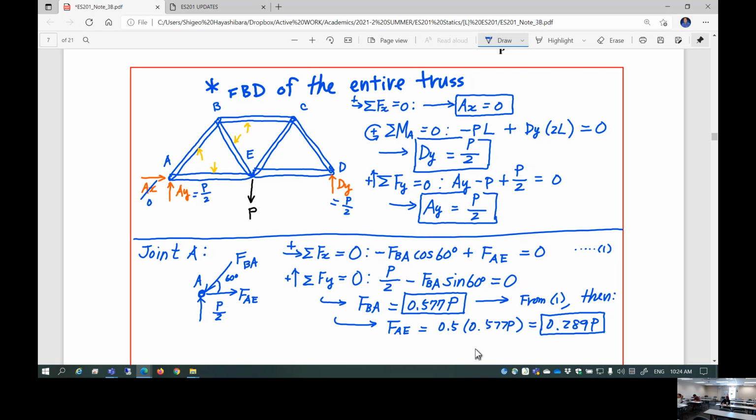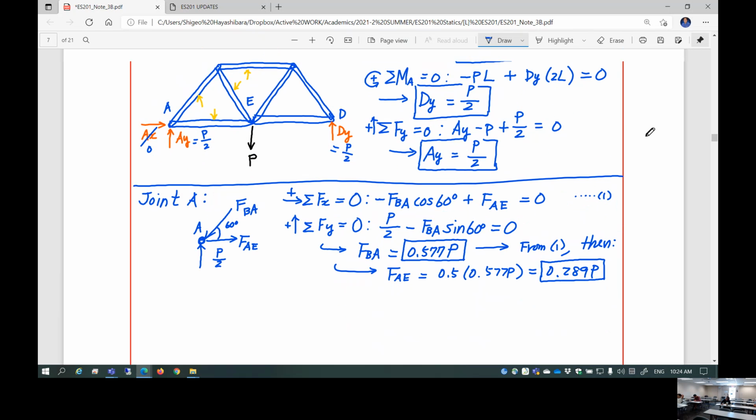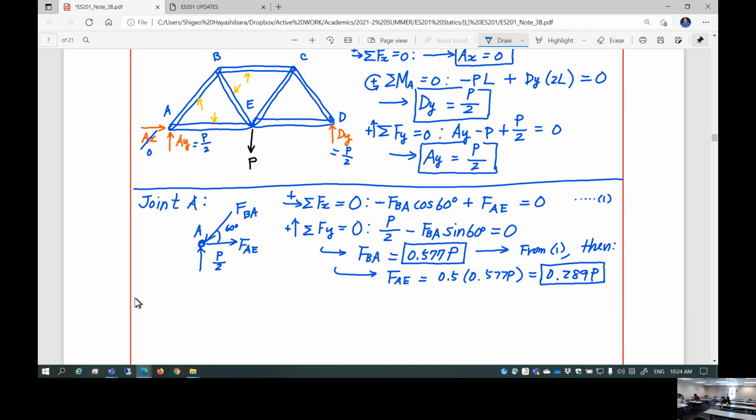Now we got information of member BA and member AE. You got those two figured out. Next step is, of course, you're going to look at joint B.